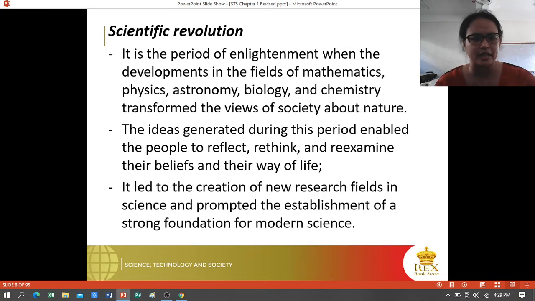Another is, in this scientific revolution period, the ideas generated enabled the people to reflect, to rethink, and re-examine their beliefs and their way of life. It also led to the creation of new research fields in science and prompted the establishment of a strong foundation of modern science.